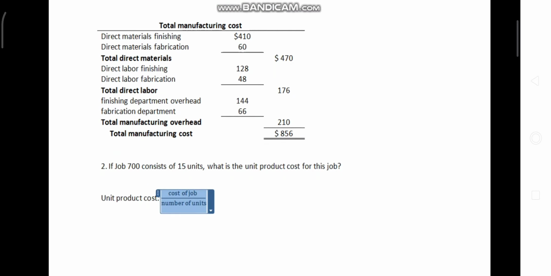Cost of job is $856 that we have calculated, and the number of units is mentioned in the requirement, that is 15 units. We get $57.07 as a unit product cost.